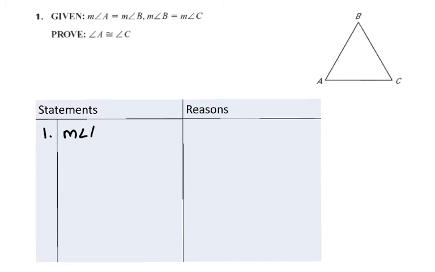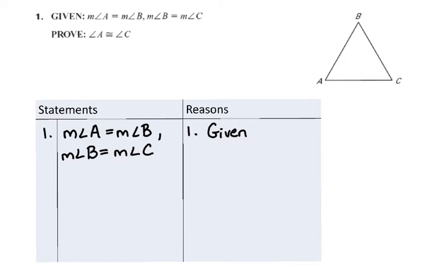Okay, so I'm going to rewrite what I just stated. Measurement of angle B. Okay, and then right in here, that is our given information. Okay, so let's look at what we have to prove.